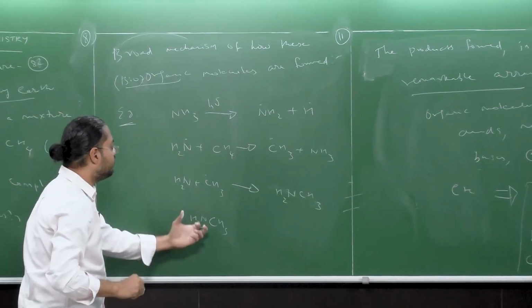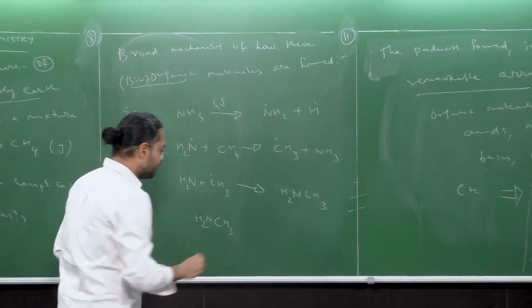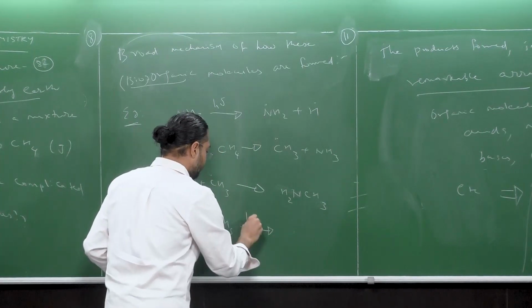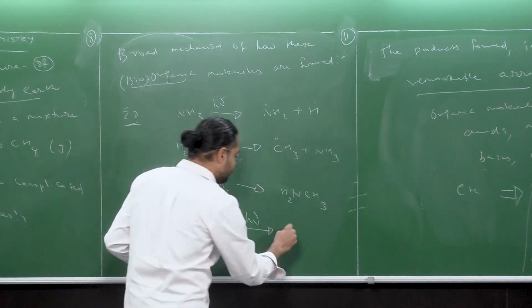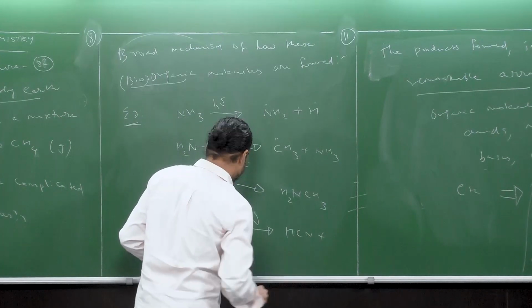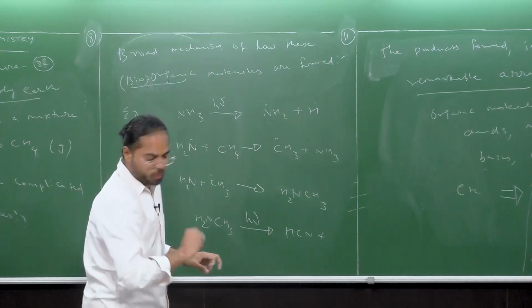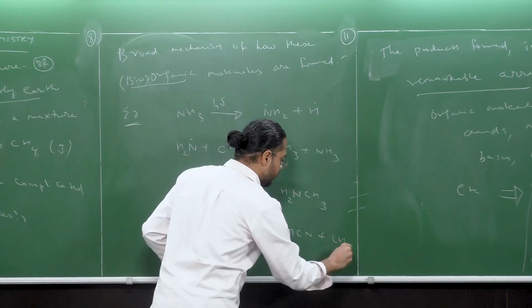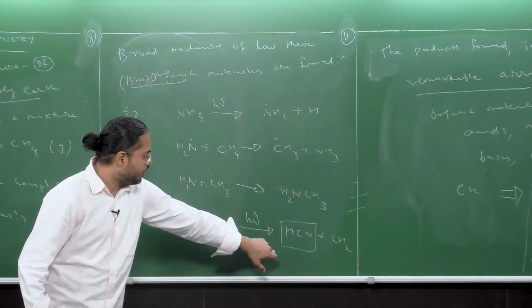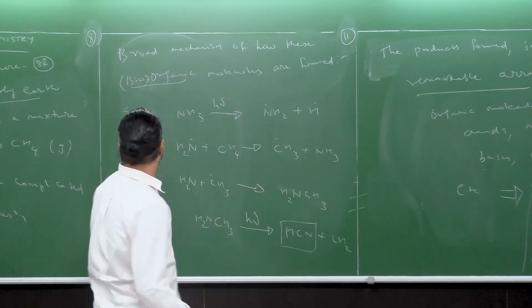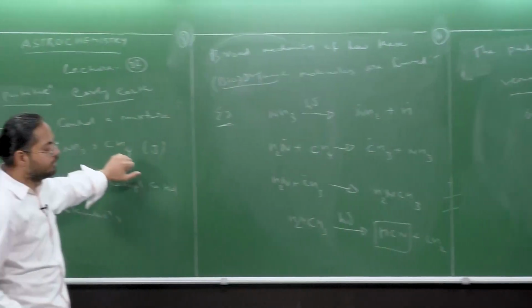Now this is subject to intense oxidation, resulting in HCN and, if I'm correct, 2H2. So we've already generated HCN from the simple mixture of H2, NH3, and CH4.